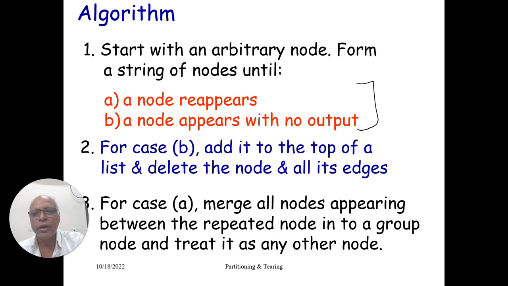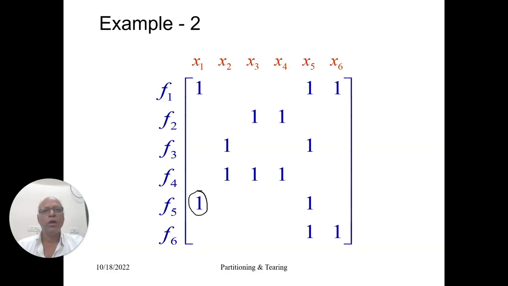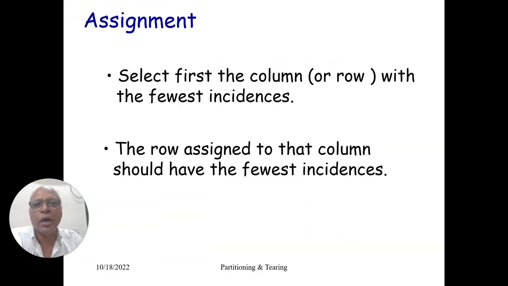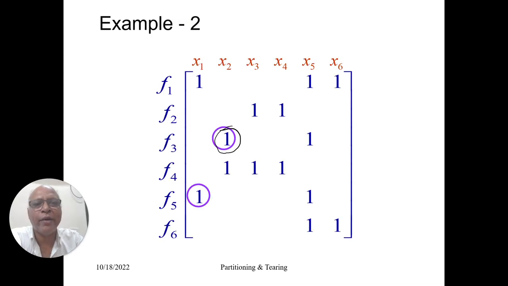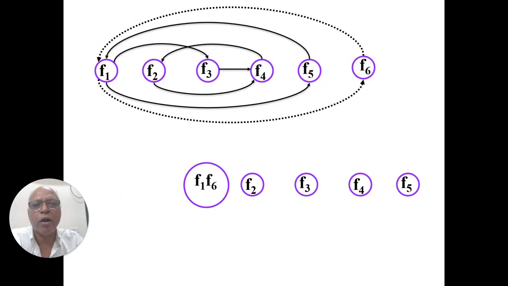So accordingly, in the case of B, what you need to do is delete that node if it doesn't have any output and delete all the nodes that enter into it and put it at one place. In case of A, merge all the nodes appearing between the repeated node into a group node and treat it as any other node. So let me apply this algorithm on this digraph, which we have already drawn.